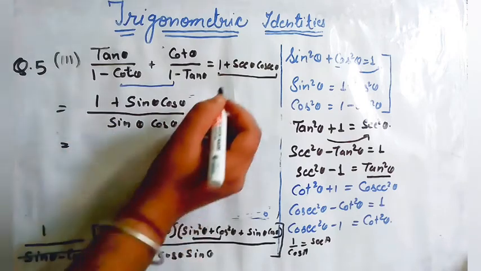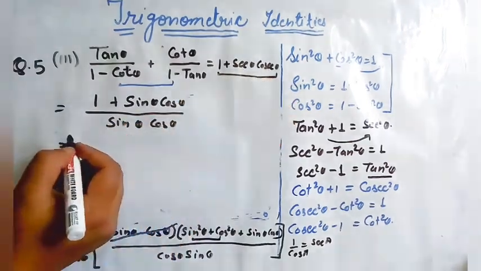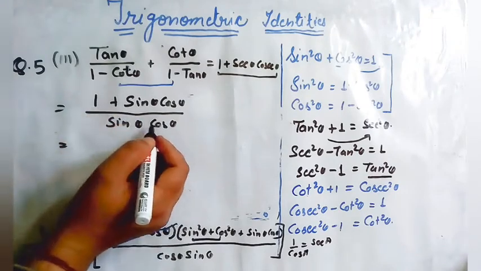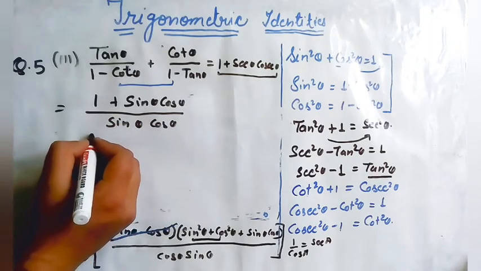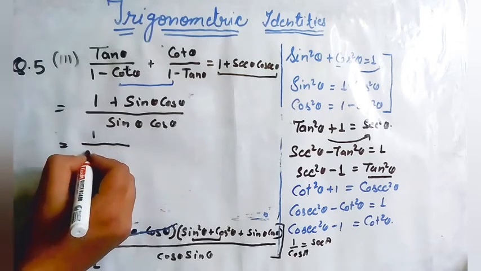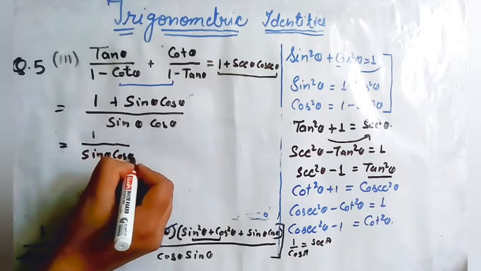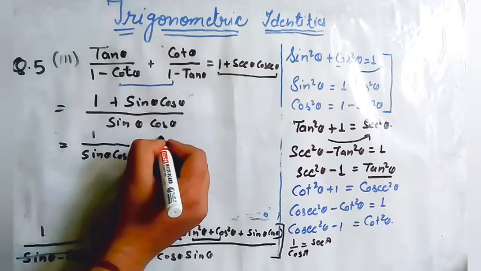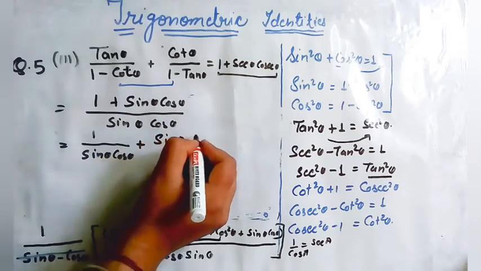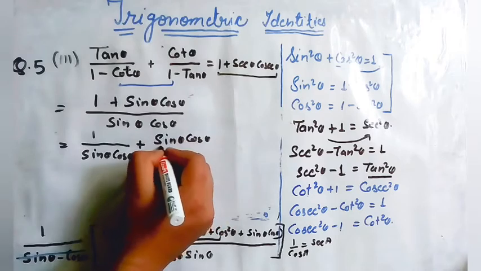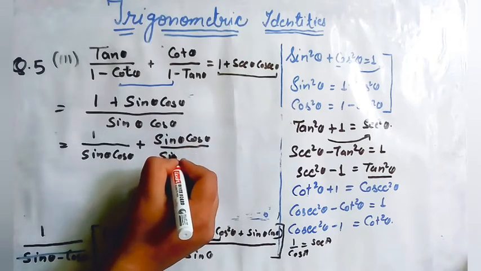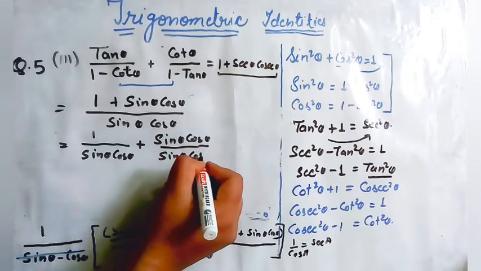So divide them separately. We know that in the right hand side we have secant theta cosecant theta. So 1 upon sin theta cos theta plus sin theta cos theta upon sin theta cos theta.